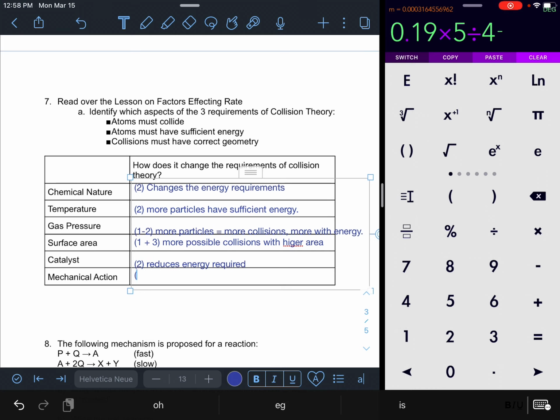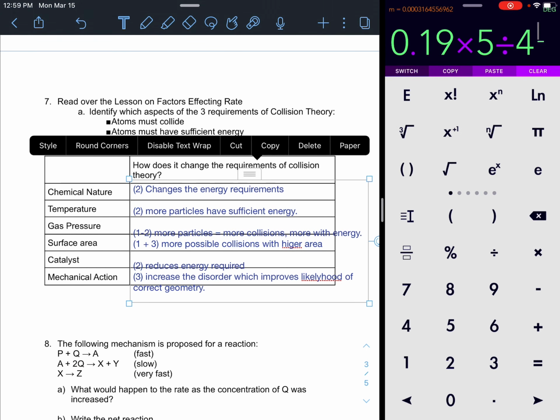And then mechanical action is probably mostly 3. Increases the disorder, which improves likelihood of correct geometry. Something along those lines. If you want any more details on that one, go ahead and ask.